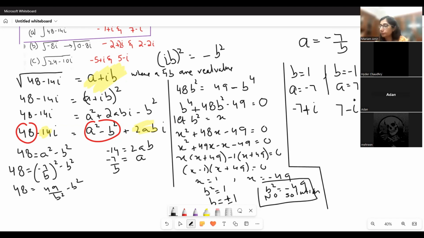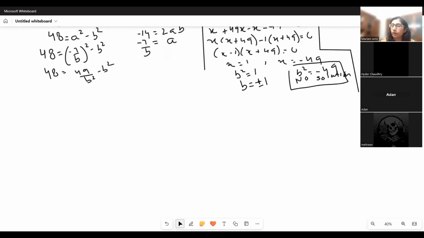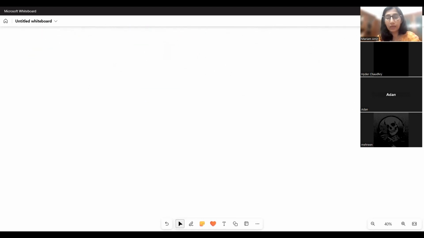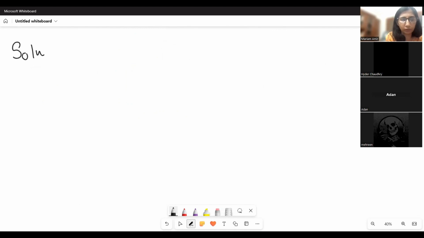Okay, moving on. Solve the following quadratic equation. Now, the a, b, c in the quadratic equation would be complex, and we will get complex expressions inside the square root. So, solve the following quadratic equation.